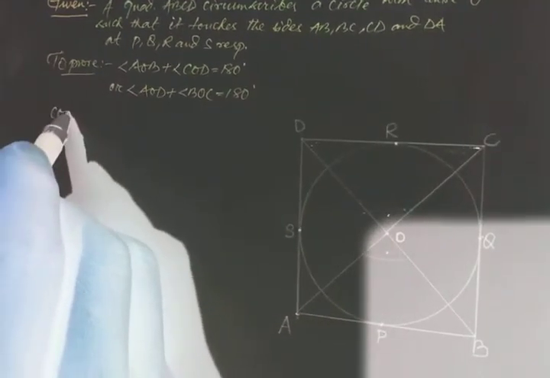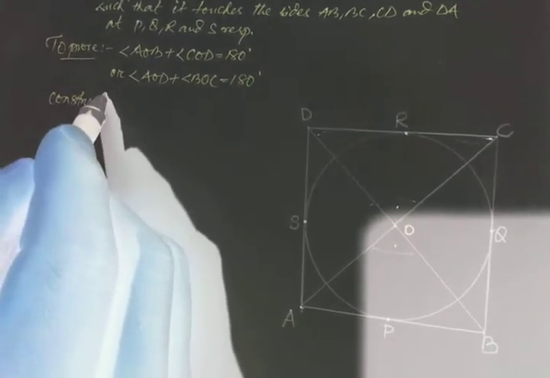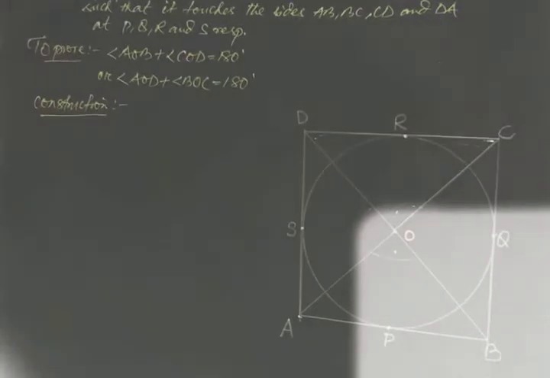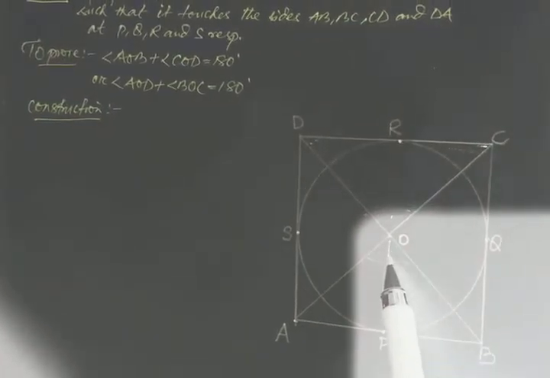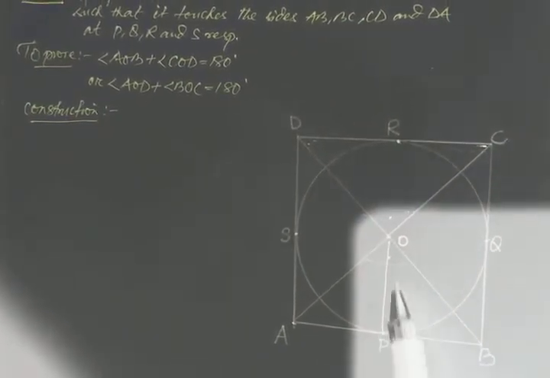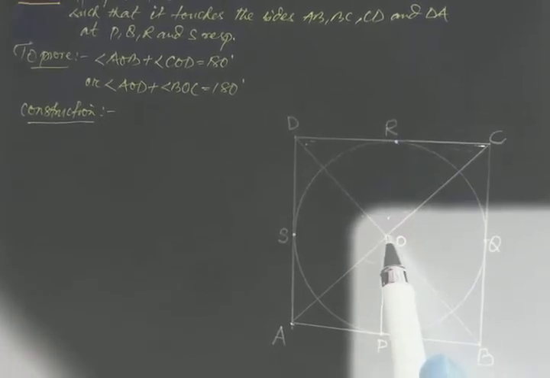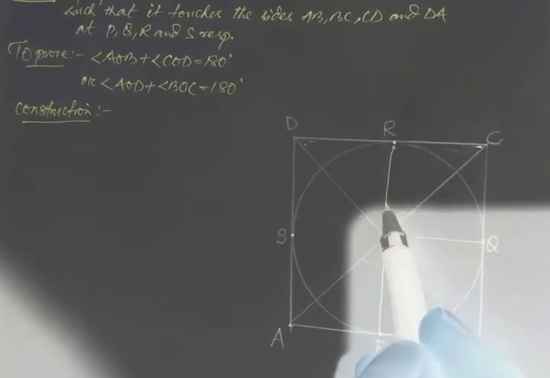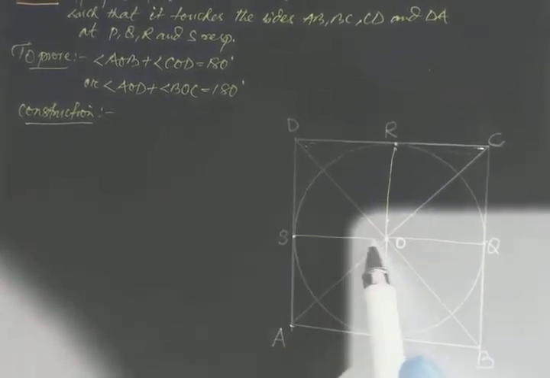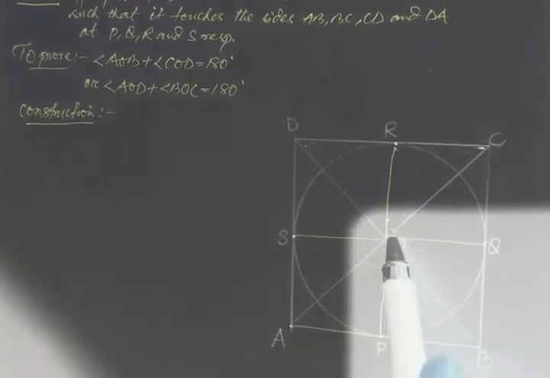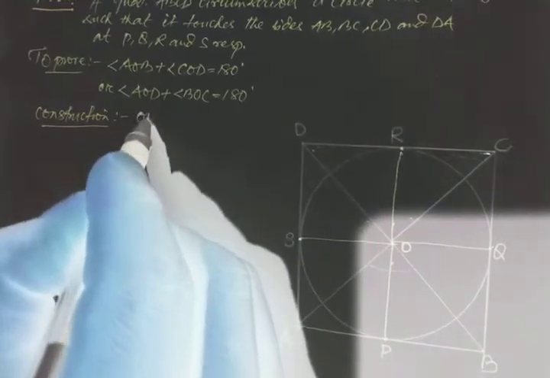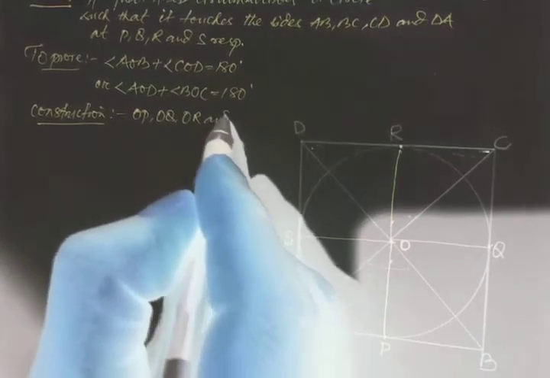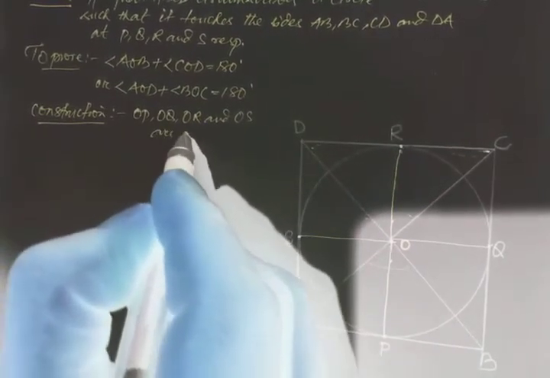To do so, let us make a little construction by joining all the points where the circle touches the sides with the center. It means OP, OQ, OR and OS are joined.